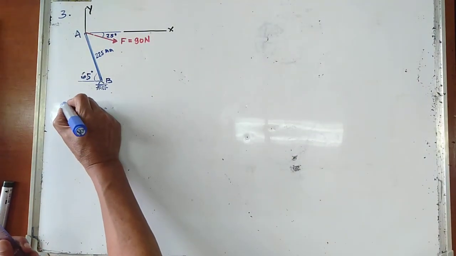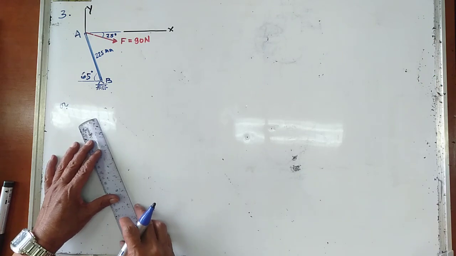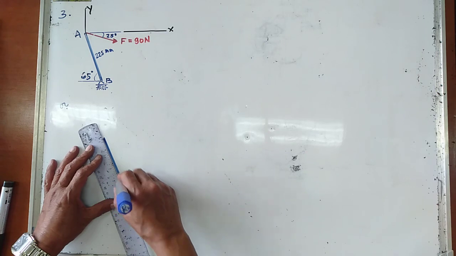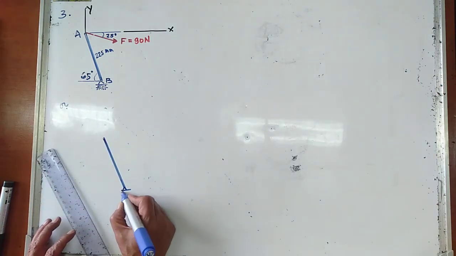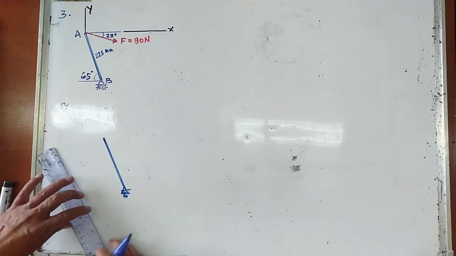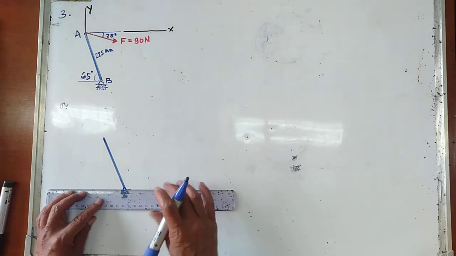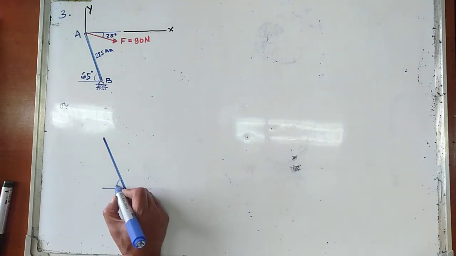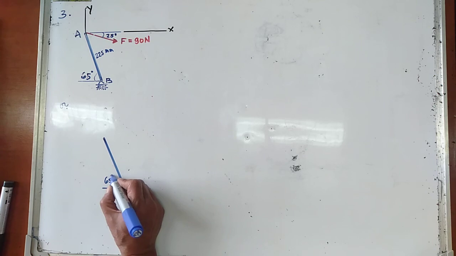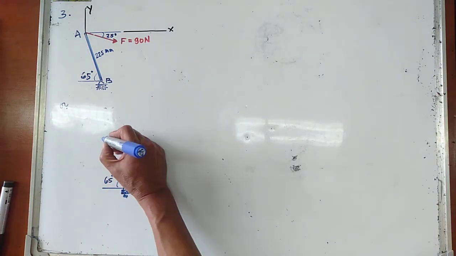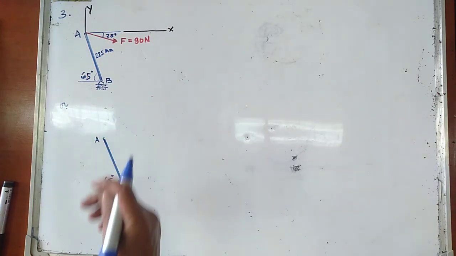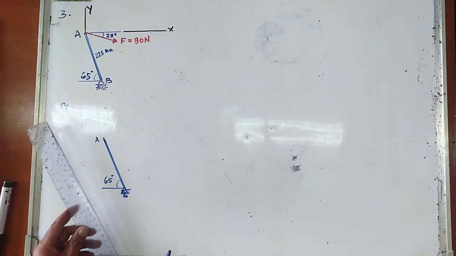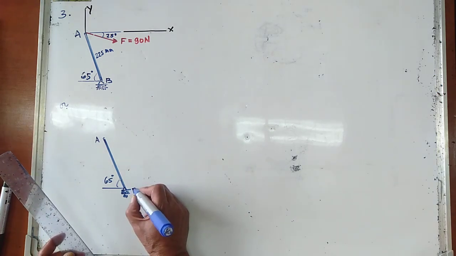Now, this is your rod AB. This is your point B. It makes an angle of 65 degrees with the horizontal. So this is your 65 degrees, and we now have your point A. At this time, I am going to use AB as an axis.